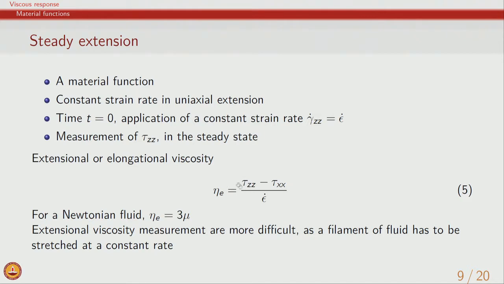There again the stresses will be ZZ and RR, while here we are just talking about ZZ and XX. So, the normal stresses in these two directions, the subtraction is done so that the pressure, which is unknown, is eliminated. So, sigma ZZ and sigma XX, the pressure will be subtracted, and that is the same as tau ZZ minus tau XX.